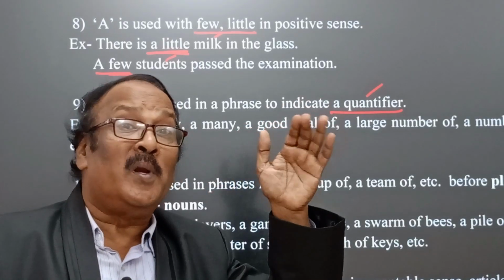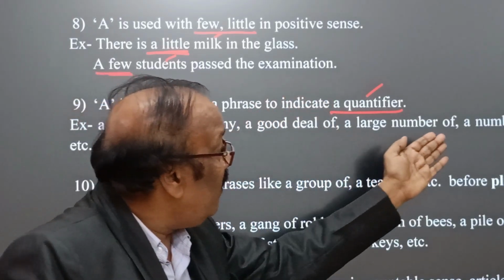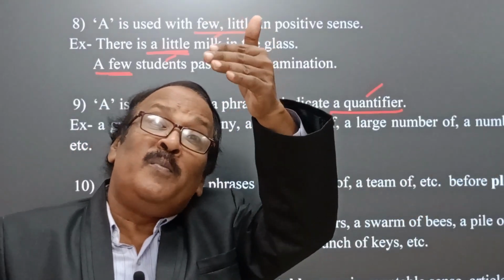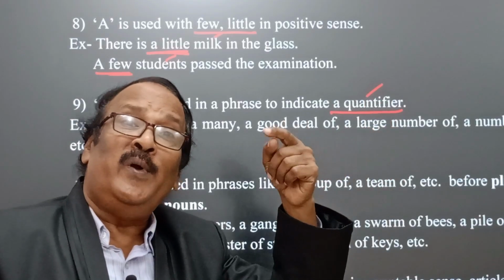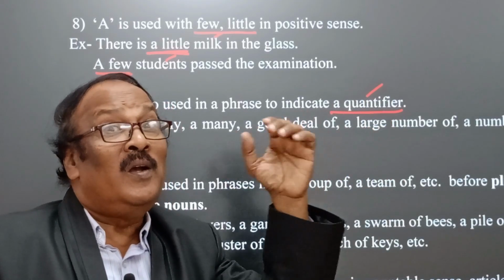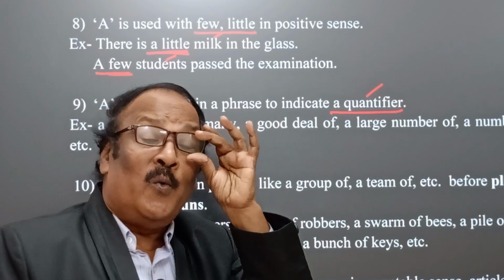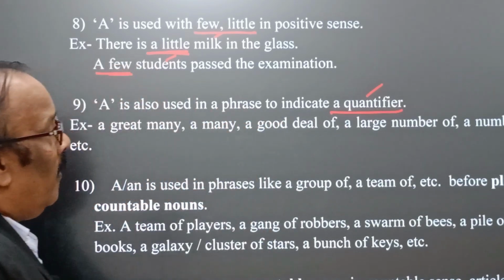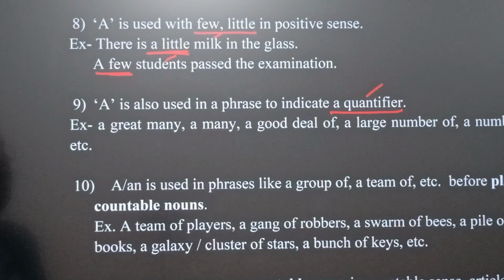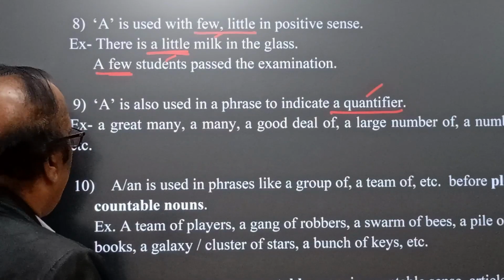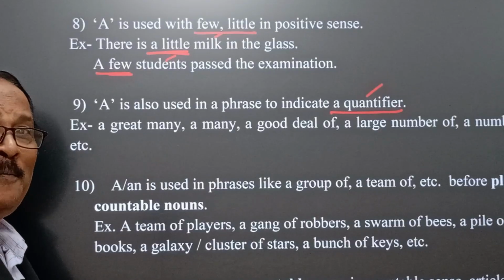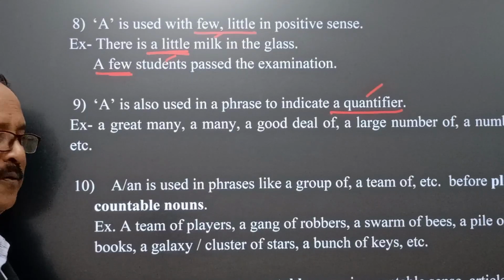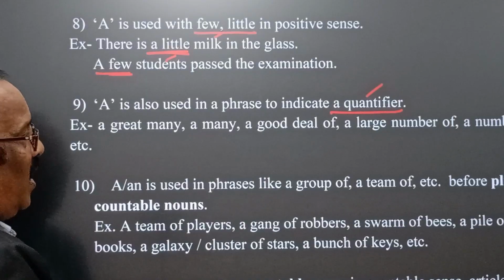Again, a number of birds from Siberia come to Chilika every year in winter. These are examples of how we use a large number of, a number of, a good many, a good deal of, etc., before countable nouns, and also uncountable nouns. These are the quantifiers. Okay.